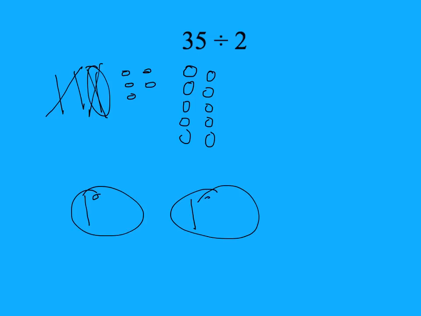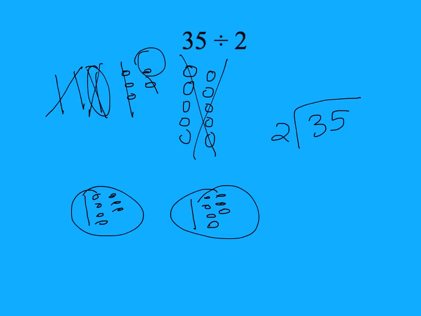So I have 1, 2, 3, 4, 5, 6, 7, 8, 9, 10, 11, 12, 13, 14. So I've used now all of these ones but this 1 one left over. So that is going to be my remainder. So if I did 35 divided by 2, I have 1 10 in each group. So 2 times 1 would be 2.